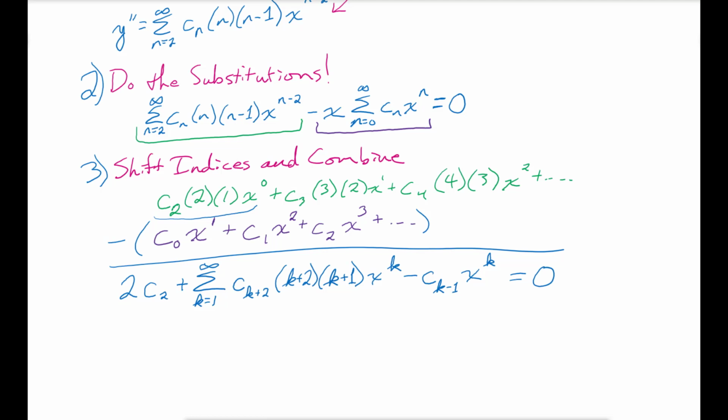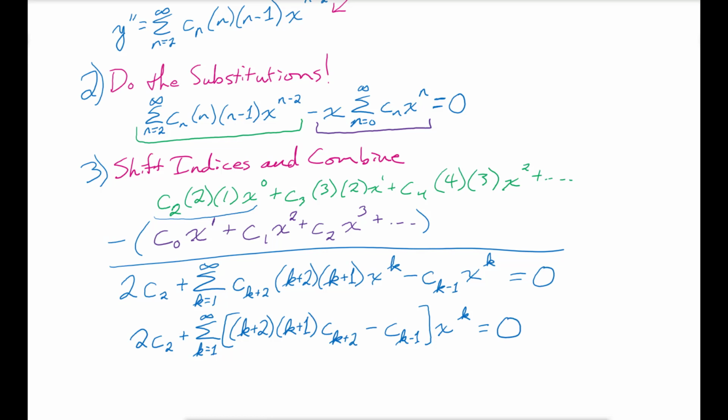Now I'm going to factor out an x to the k just to make our lives a little bit easier. And so we're going to end up with 2c sub 2 plus the sum from k equals 1 to infinity of k plus 2 times k plus 1 times c sub k plus 2 minus c sub k minus 1, all times x to the k, is going to equal 0.